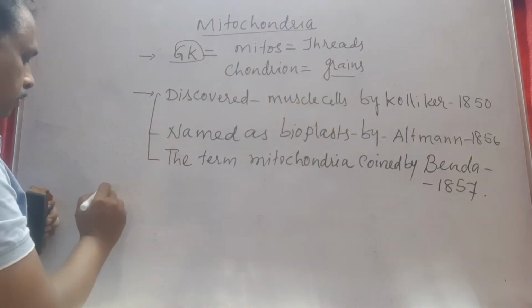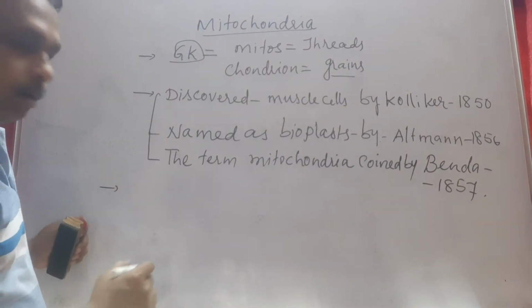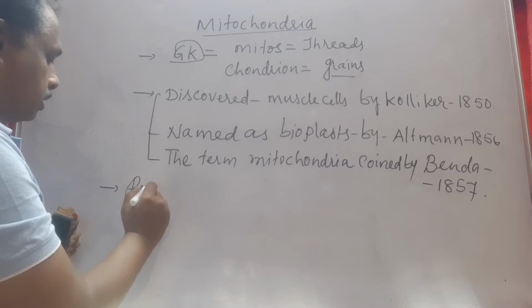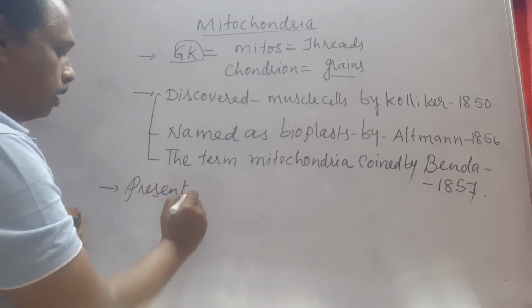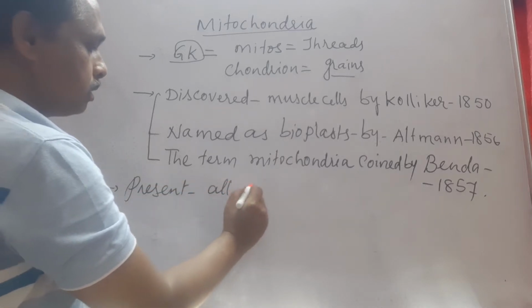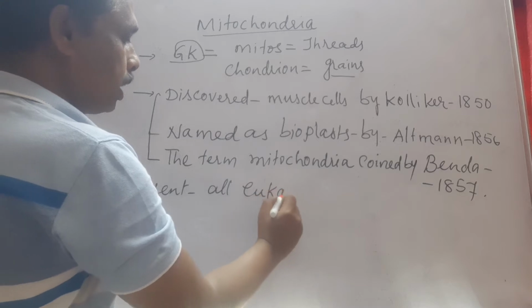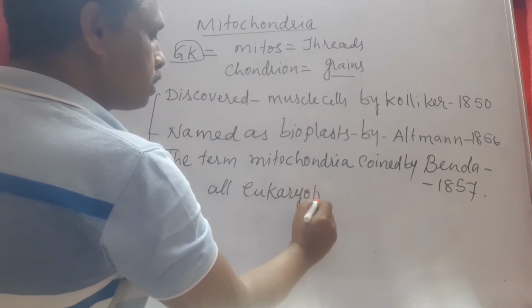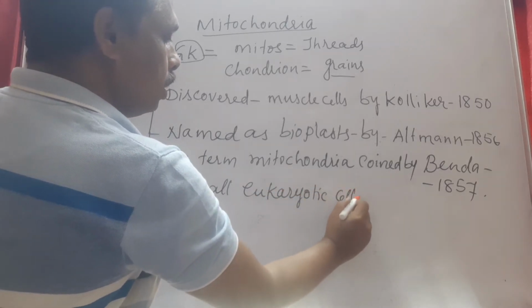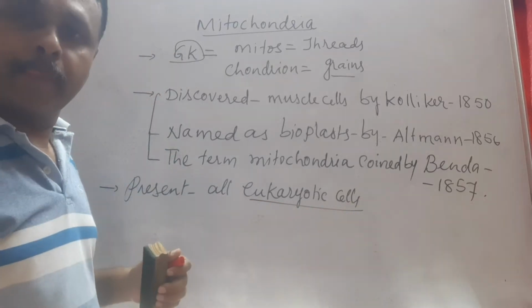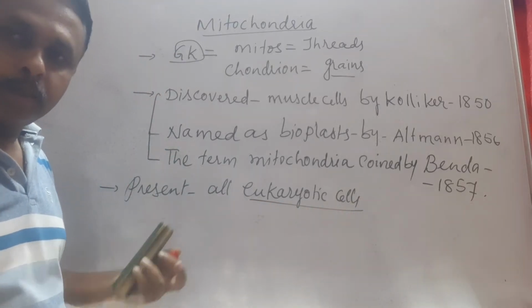And usually mitochondria are present in all eukaryotic cells, such as protista.